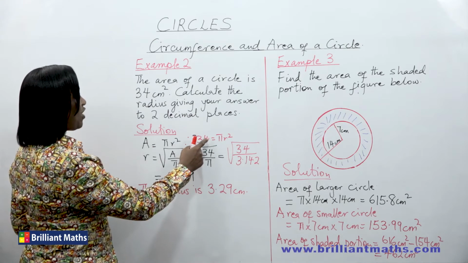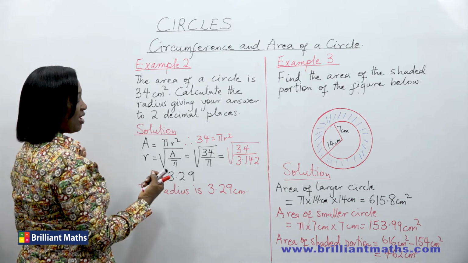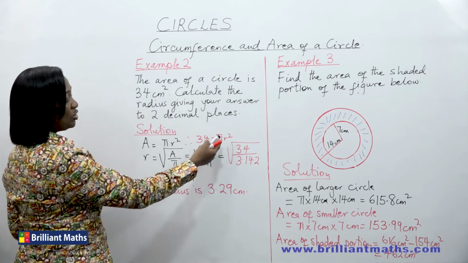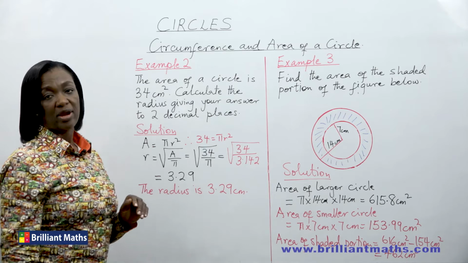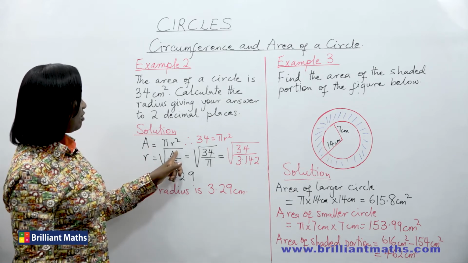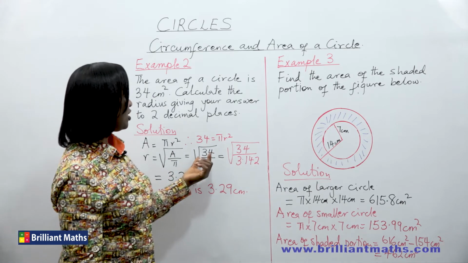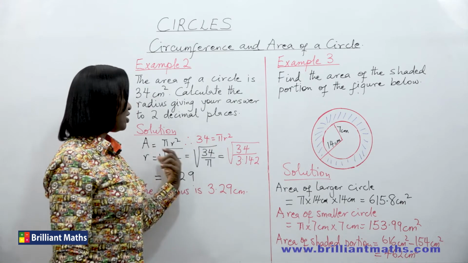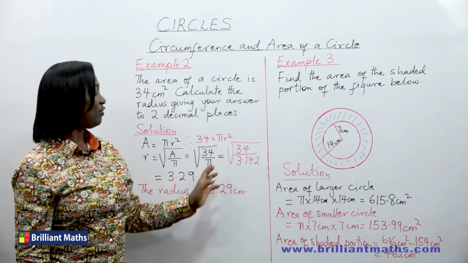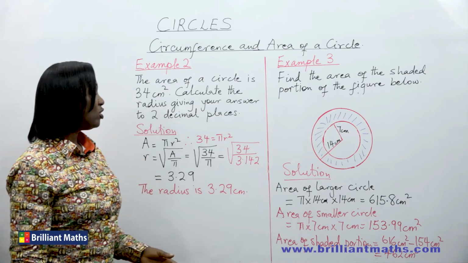So we divide area by pi and then find the square root to take off the r squared, so that r is equal to the square root of the area divided by pi. We input the figures. r is equal to the square root of 34 over the value of pi, which is 3.142.